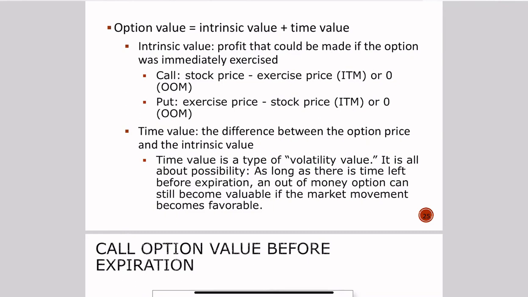And then time value basically is some sort of volatility value. That is, if the option still has time to expire, then something favorable could happen. So this will give your option higher value.